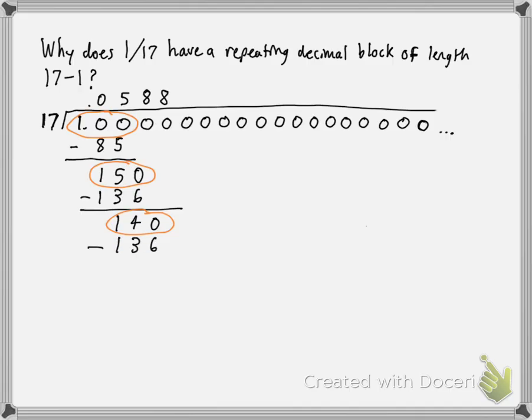We subtract and we get a 40. Again, a different number. We have not hit a repeat yet, so we're not going to recycle the numbers yet. 17 goes into 40 twice. 40 minus 34 is 6. Carry the 0 down. Yet another number.